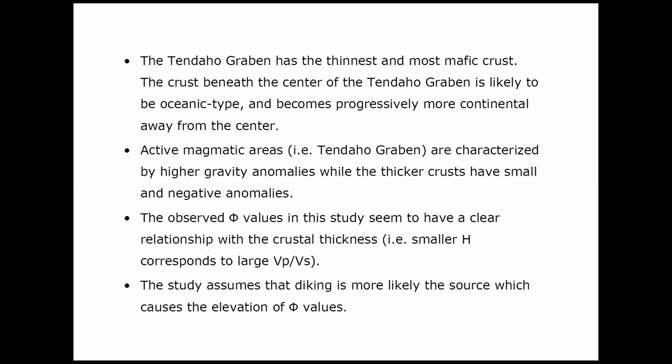The crust beneath the center of the Tindahu Graben is likely to be oceanic type and becomes progressively more continental away from the center. Active magmatic areas like the Tindahu Graben are characterized by high gravity anomalies, while the thicker crust has small and negative anomalies.